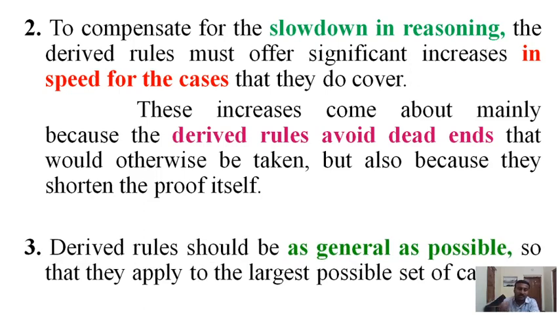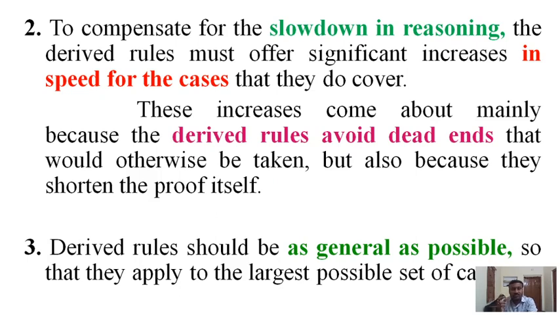So it never gives the dead ends. Then the third one is that derived rules should be as general as possible so that they apply to the largest possible set of cases. Whatever rules you derive, they must be as general as possible. Then only can we apply them to a large set of cases.